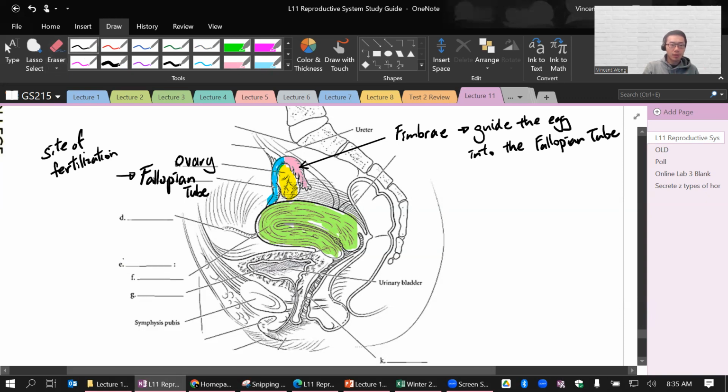E is the whole thing, the uterus, where the baby grows. Okay. And then the main body of the uterus is called the fundus.